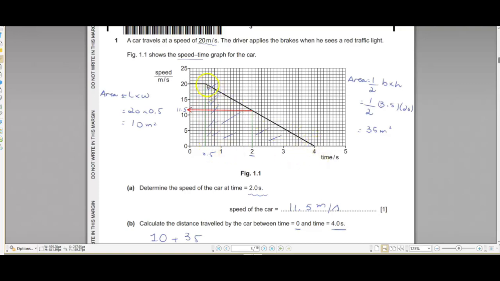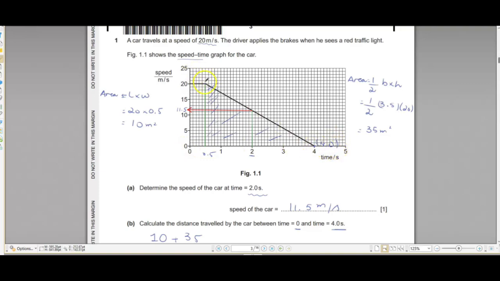In order to find the gradient we need 2 points, with x and y values. One point we can take is 4 on the x-axis, and the corresponding value on the y-axis is 0.